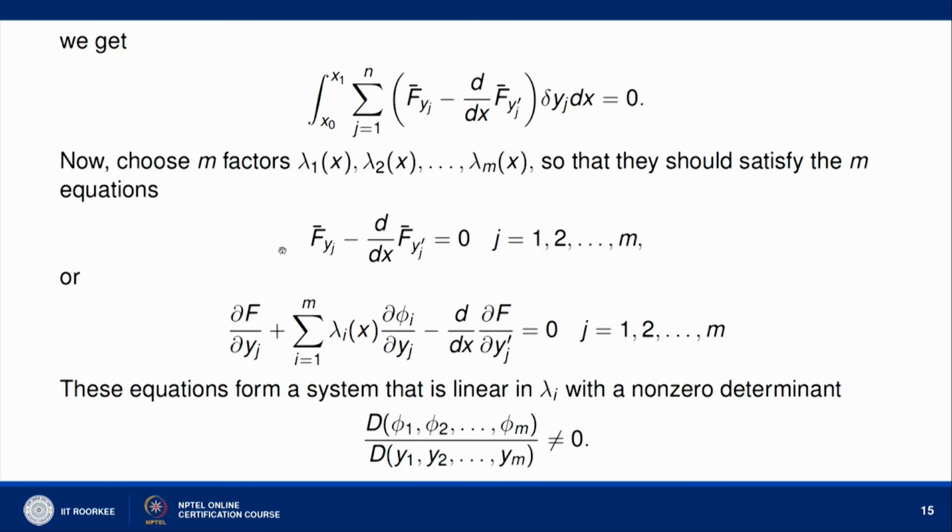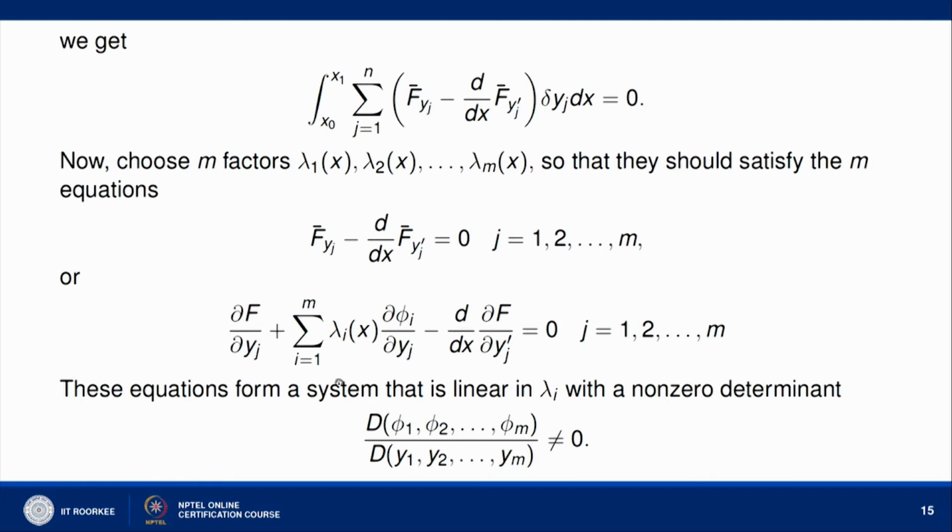So we try to find lambda 1 to lambda m such that these m equations are true. And what is this? If you simplify, this is nothing but del f by del yj plus summation i equal to 1 to m lambda i(x) del phi i by del yj minus d by dx del f by del yj dash equal to 0.